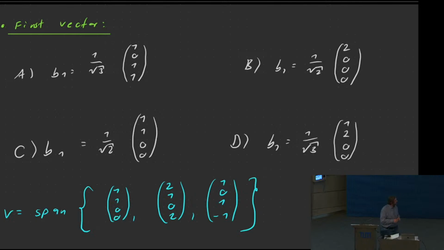Great. So most of you answered C, which is this vector here. And of course you are correct. That is the normalized version of a first basis vector. So let's go on with vector number 2.